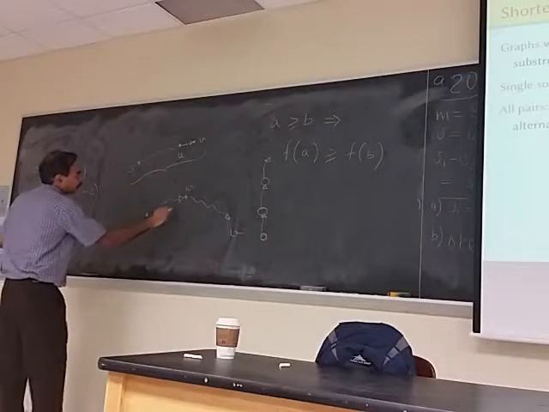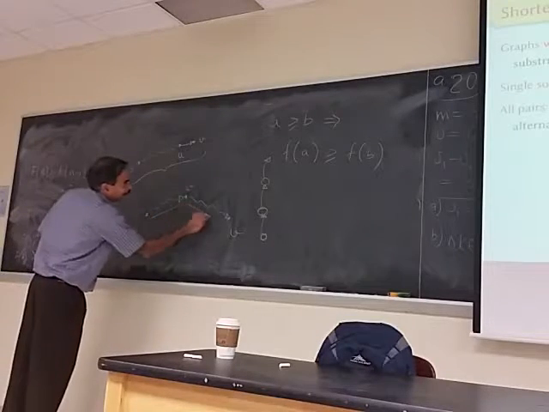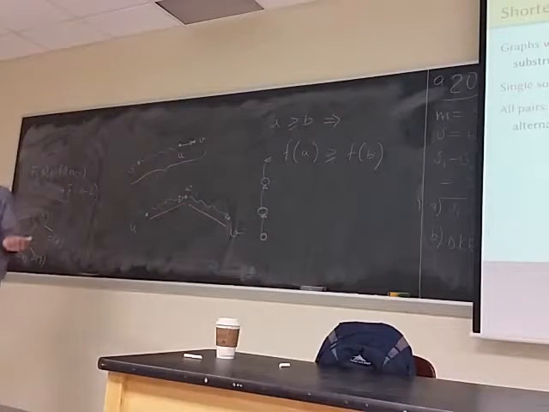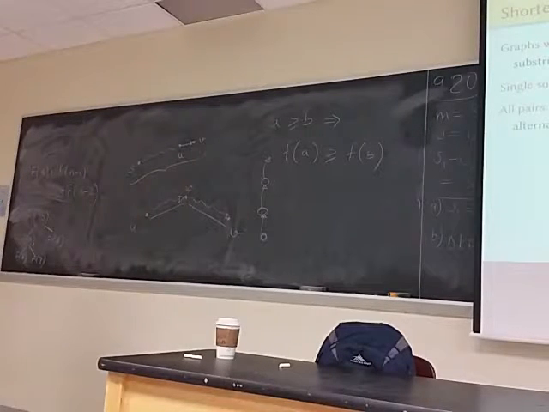And so the path from U to W and W to V should both be optimal. They should be the lowest cost paths, right? Otherwise, there would be some other way to get from U to V that's shorter, right?